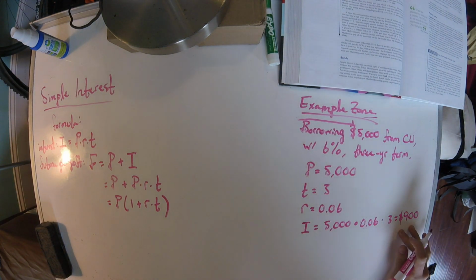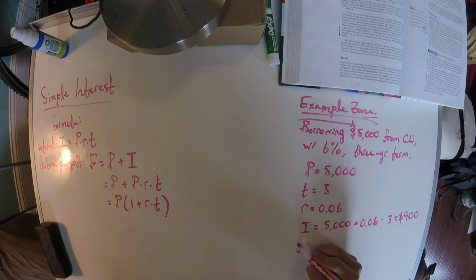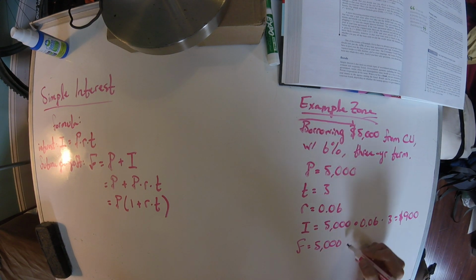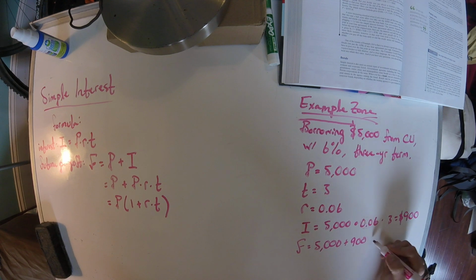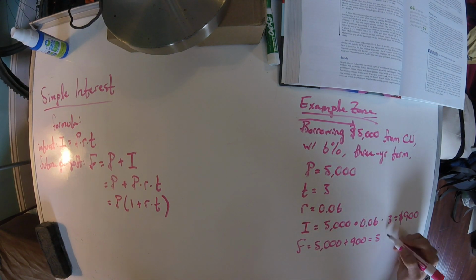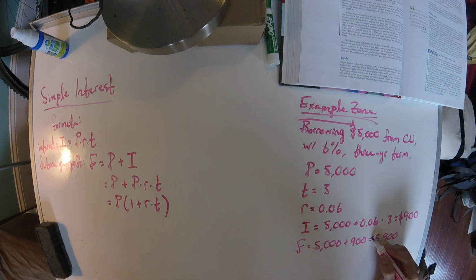So I is equal to $900. That means that F would be equal to 5,000 plus 900, which is $5,900.